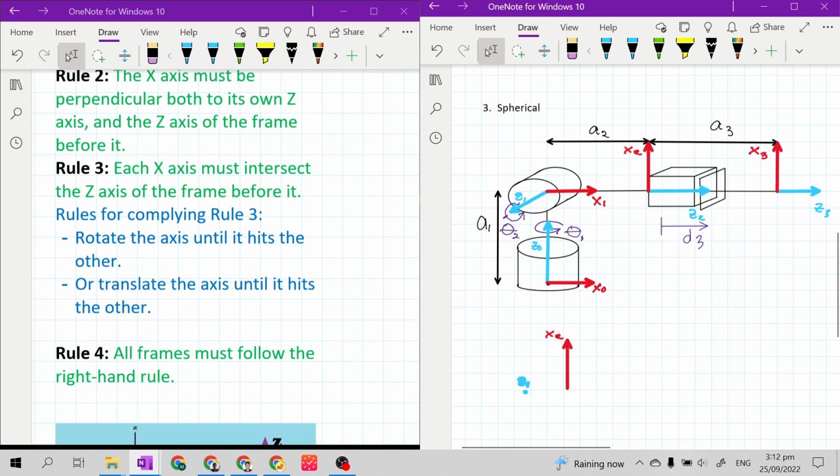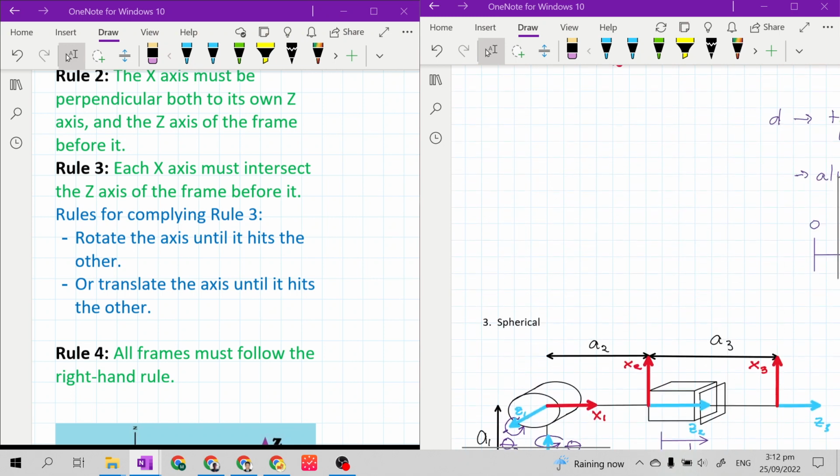So at front view, they are not intersecting if I extend z sub 1 or if I extend x sub 2. To comply with rule 3, the z sub 1 and x sub 2 should intersect whatever view you are looking at.